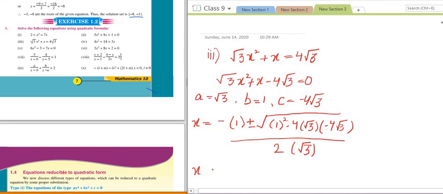This becomes minus 1 plus minus square root of 1 minus minus plus, square root 3 multiplied by square root 3 is 3. 4 multiplied by 4 is 16. 16 multiplied by 3 is 48. And the denominator is 2 square root 3.